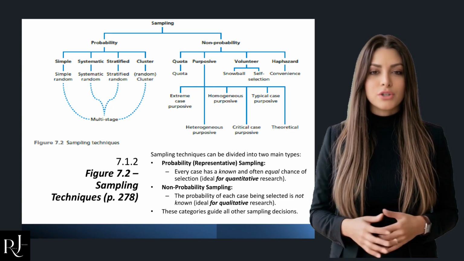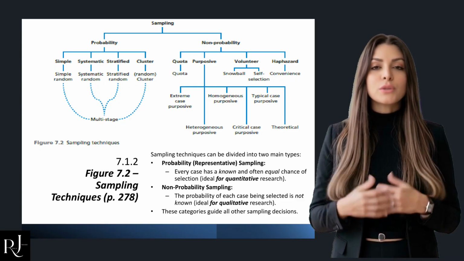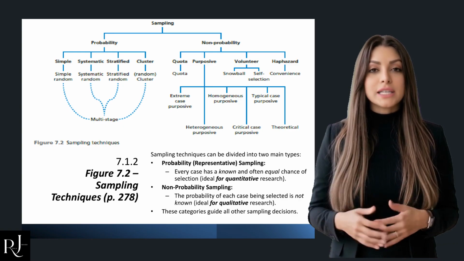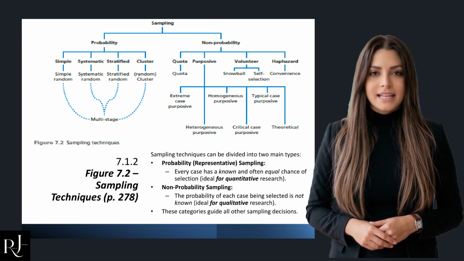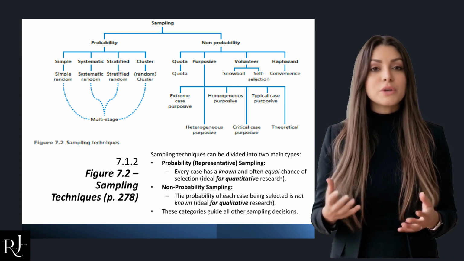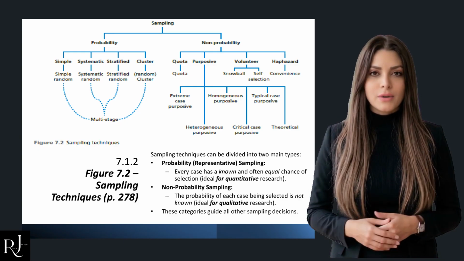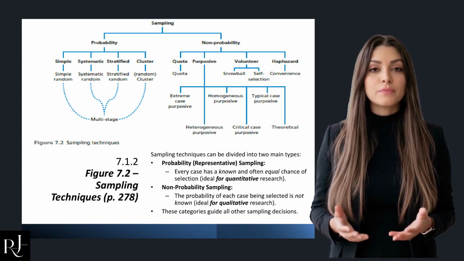They assign a number to each of the 5,000 employees and then use a random number generator to select a sample of, say, 500 employees. Since each employee has an equal chance of being selected, the sample is likely to be representative of the entire employee population, allowing for valid quantitative inferences about the average income.